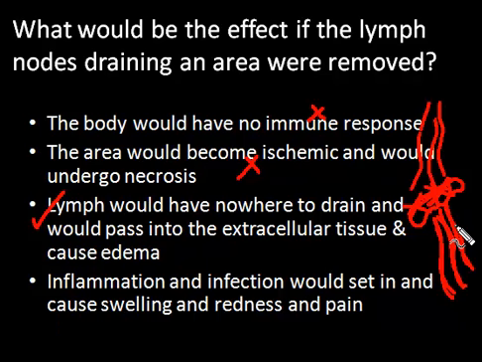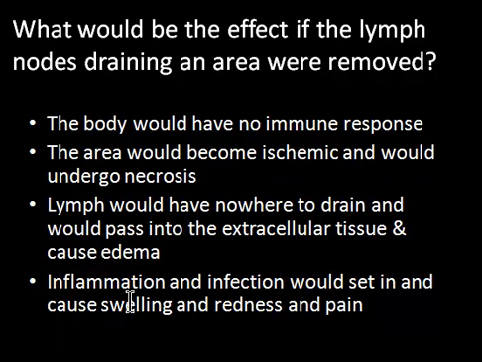The pressure inside them rises. So then lymph is thrown out into the extracellular tissue, and therefore the extracellular tissue spaces are filled with fluid, so they become swollen, and that causes edema. And in fact that also results in pain, because nerve endings in that area are compressed. So therefore this is the correct answer.